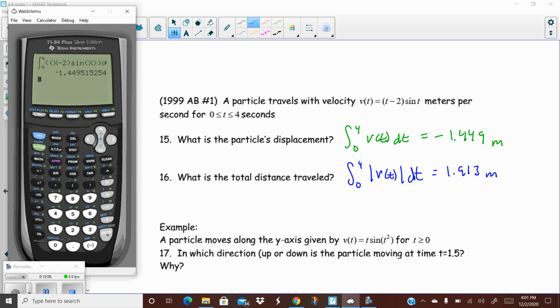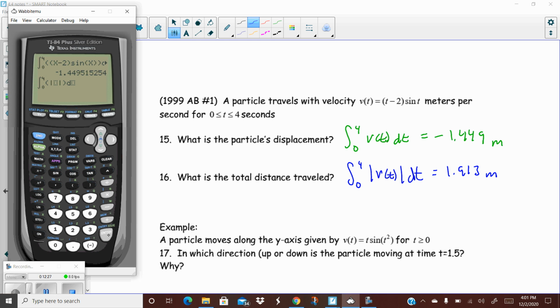Okay, if you wanted to type all that stuff into your y equals screen and then do the absolute value. So once again, that was all the stuff that was in y1. So I could do math 9. There's my integral, 0 to 4. Now I could do math, num for absolute value.